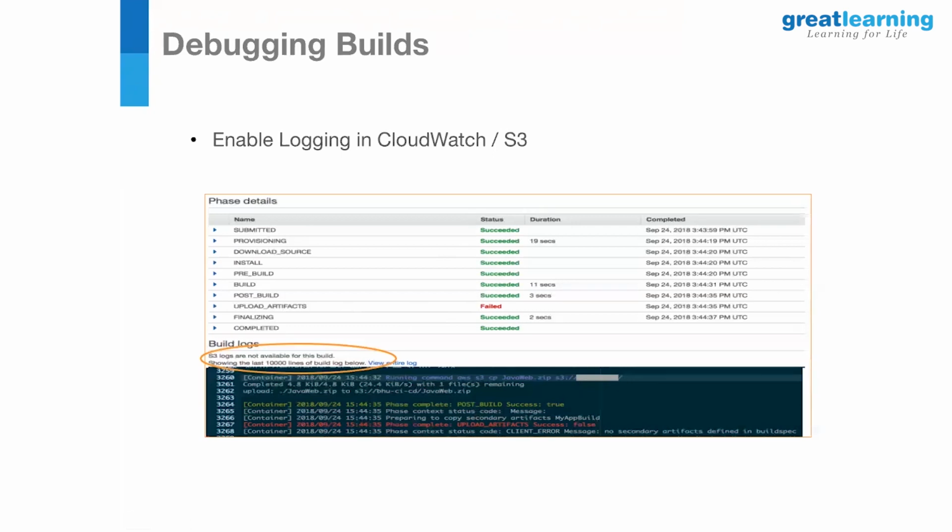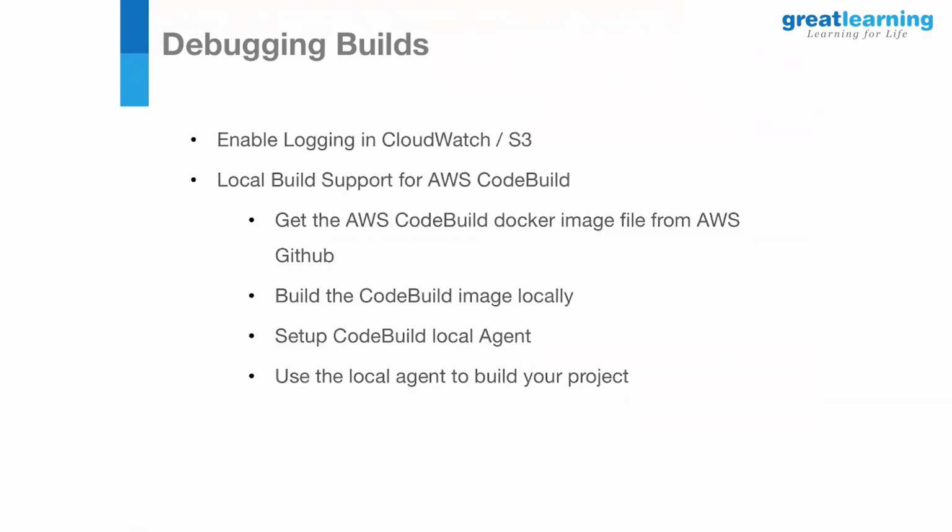Now, although CodeBuild supports logs and developers can monitor the build progress from the AWS Management Console, it can be difficult to track down issues that are specifically related to the CodeBuild environment. These issues might be missing permissions on the AWS IAM role associated with the environment or any changes.